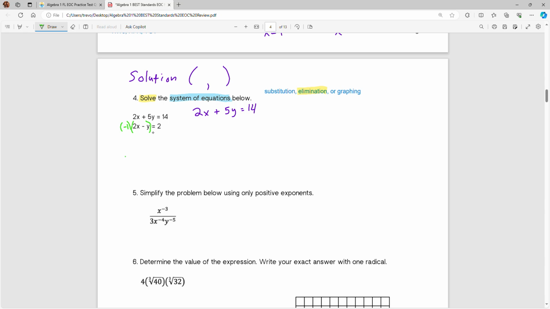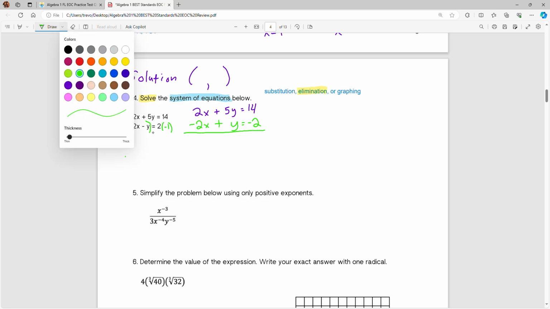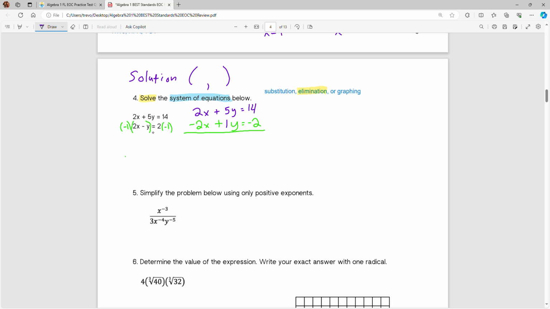Multiply all of that times -1, and that's going to give me -1 times positive 2x, minus 2x. And my negative y turns to positive y, and my positive 2 turns to -2.